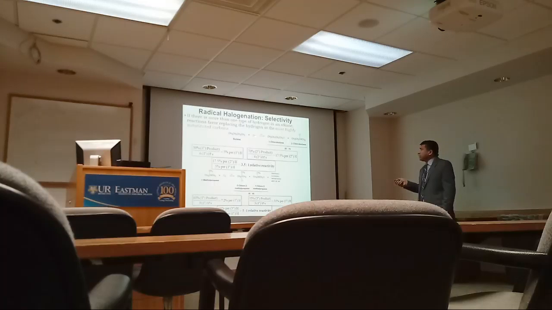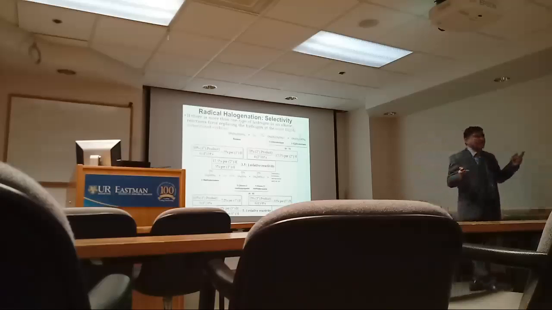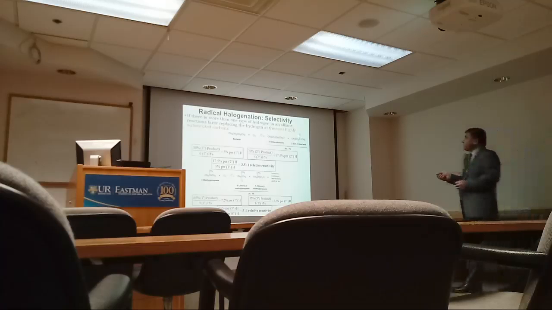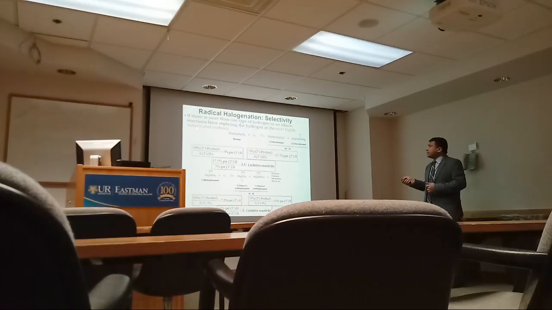Chlorine can sit on the terminal carbon, as you see here, or it can sit on a non-terminal carbon, as you see here. Because in the previous slide, you remember we said it has a tendency for non-terminal carbons because of the electron density. So 70% of the time you will get this, because the most highly substituted carbon is this one here, not the terminal one.